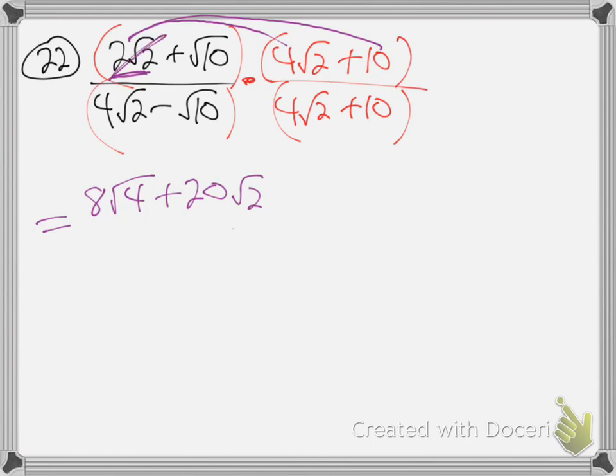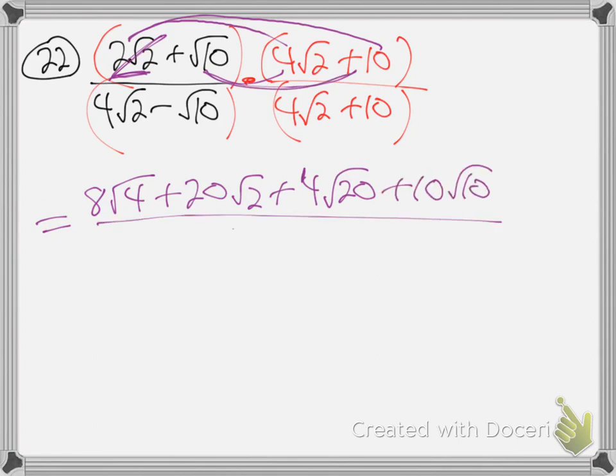He's done. Now the root 10 goes to both. So the 10's an insider, so it'll multiply the 2 inside. And then the root 10 multiplies the regular 10, so that's 1 10 on the outside, 1 on the inside. Is that good? See what happened there with the numerator? Now in the denominator, the 4 root 2 goes to the 4 root 2.